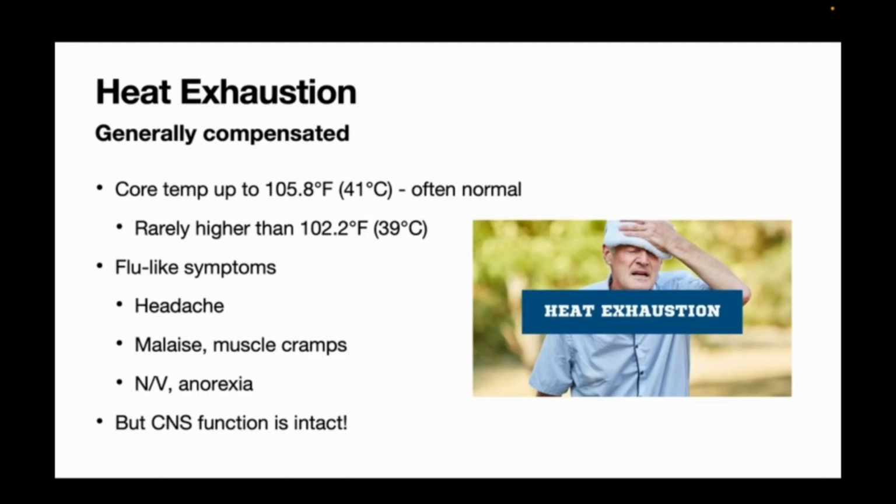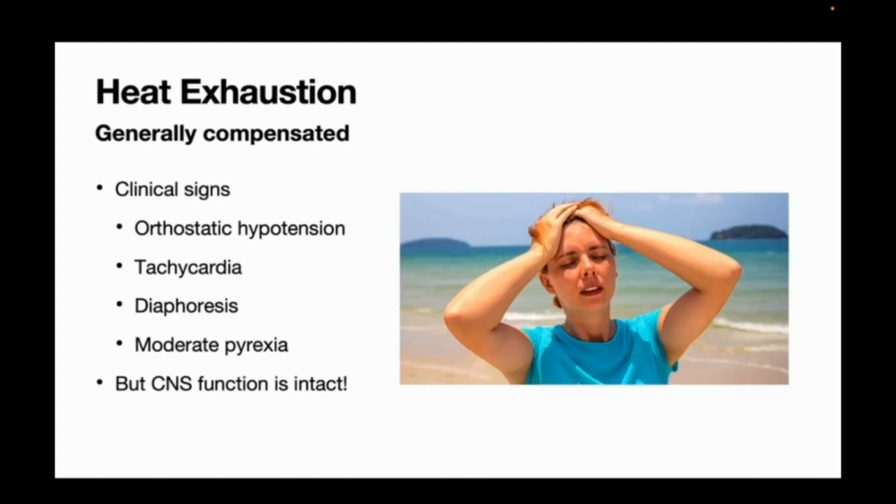They might have symptoms like headache, malaise, muscle cramps, nausea, vomiting, and anorexia. They can have orthostatic hypotension, tachycardia, or diaphoresis. They can have pyrexia, but remember that CNS function is still intact, even if they're lightheaded, hypotensive, or dizzy.